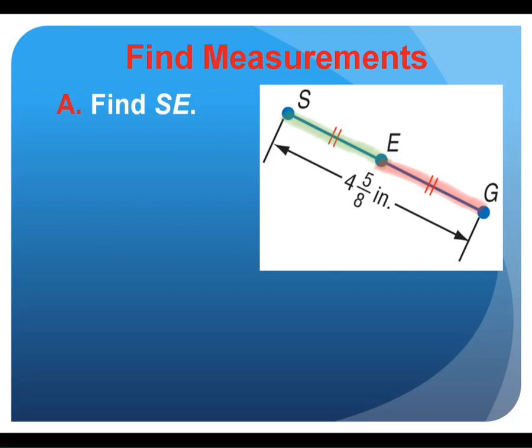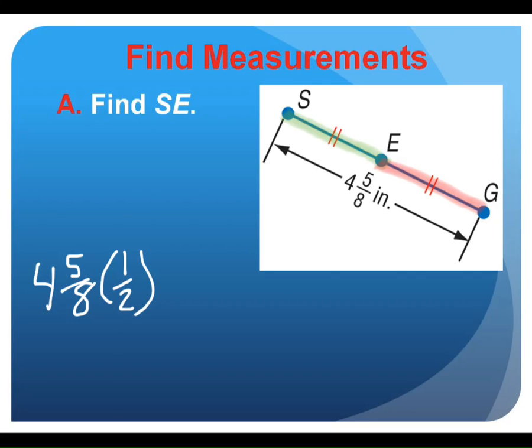That's what those tick marks tell me. So I know the whole thing is 4 5/8. So if I take half of that whole thing, it would be each of those pieces, right? And to take half, I just take 4 5/8, and I want to take half of it. Remember, of means multiplication. So half of 4 5/8.